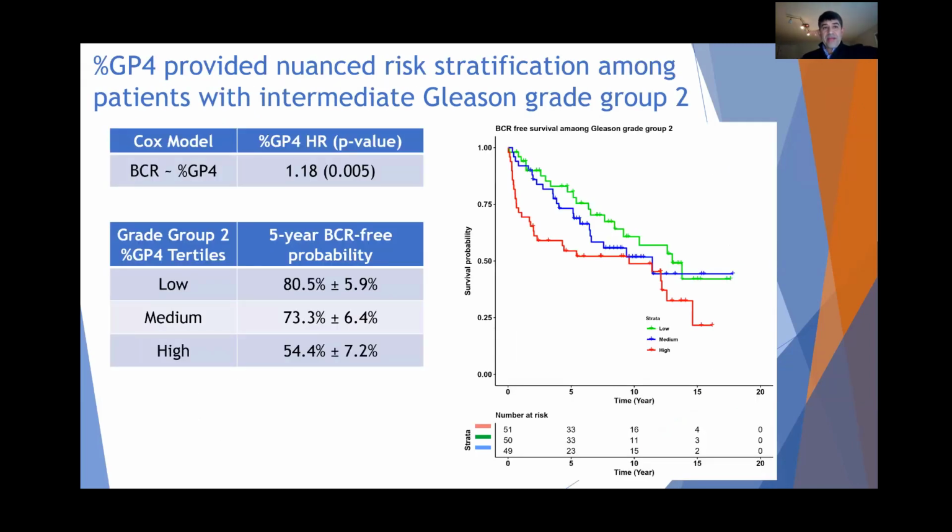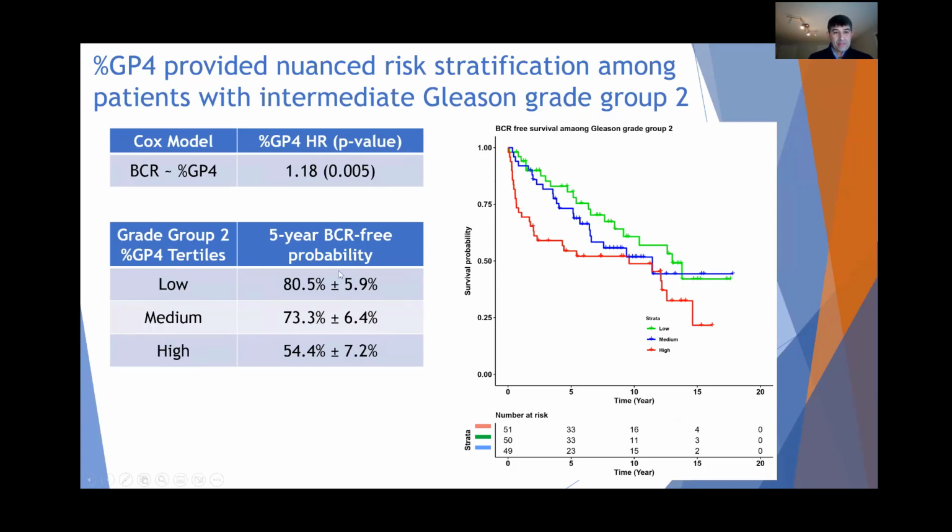So while the grade pattern 4 percentage was not significantly associated with risk within grade group 3, grade pattern 4 percentage did significantly differentiate risk within grade group 2 tumors.